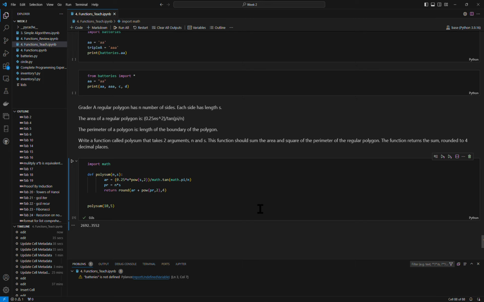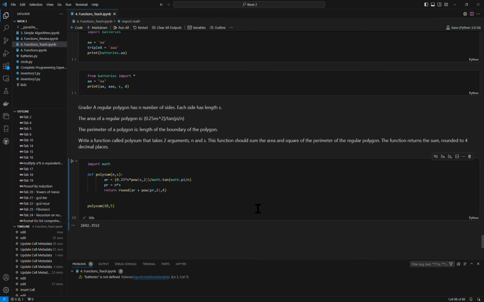In conclusion, let's review what we just did. We created a function called polysum, and it's supposed to return the sum of the area and the square of the perimeter of the polygon to four decimal places. To do this, we first calculate the area of the polygon using the formula provided in the question, which is 0.25 times n times s squared divided by tan of pi divided by n, and the perimeter of the polygon.